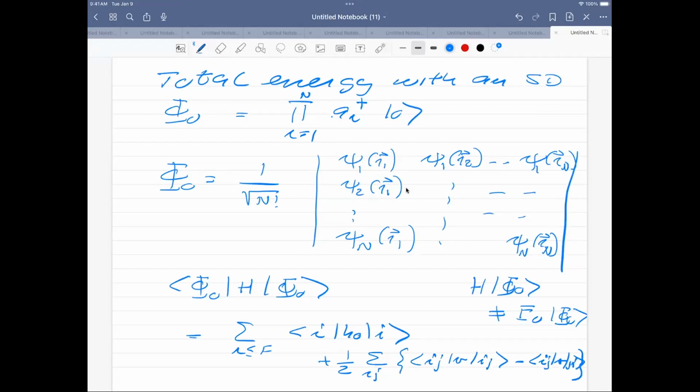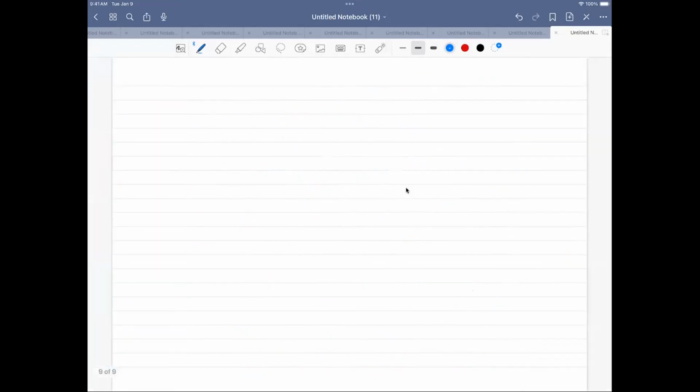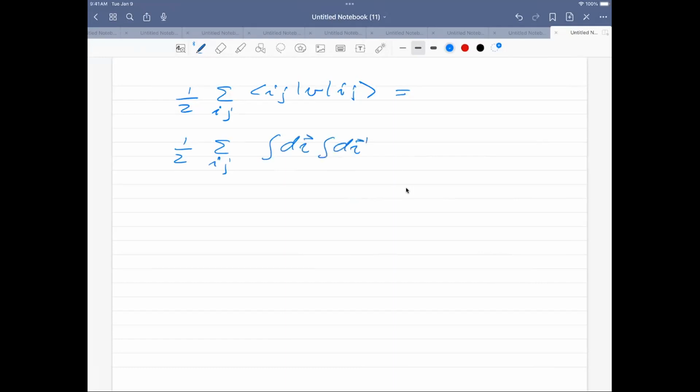So if we now look at the total energy, and focus more on the terms which come from the exchange part, if we take the first term, which is a direct term, this is a sum over ij, all states below the Fermi level, and it is given by an integral over d of r and r prime.